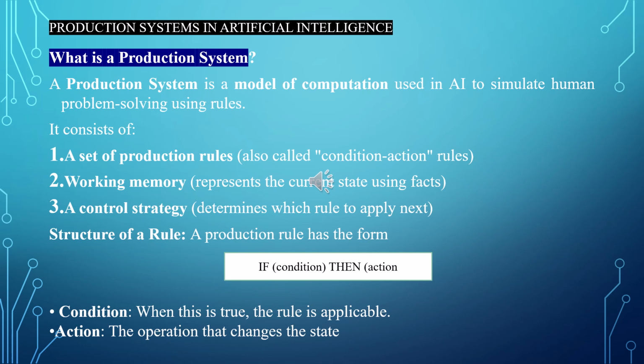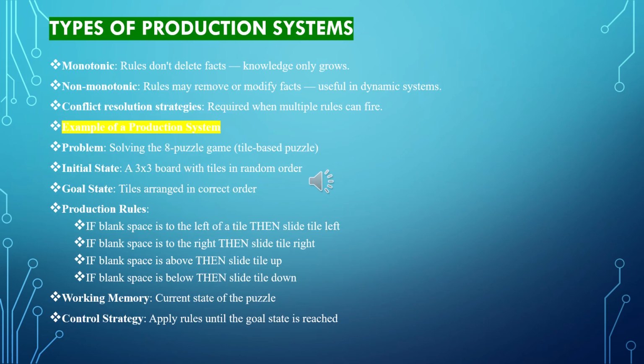Now we will see the types of production systems and one example. The types are monotonic, non-monotonic, and conflict resolution strategies.